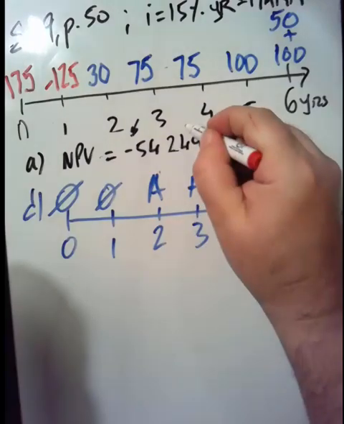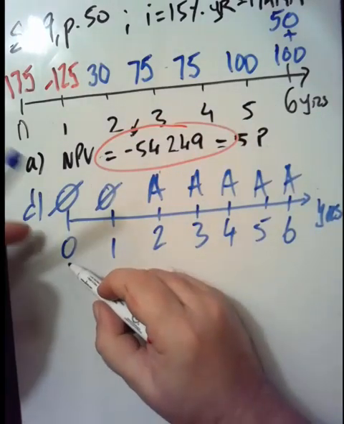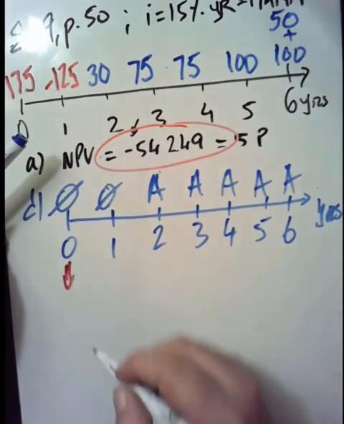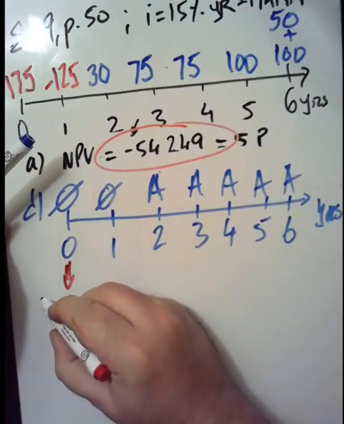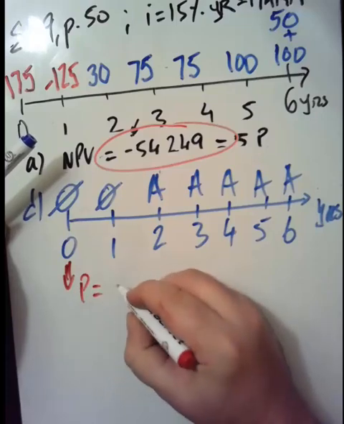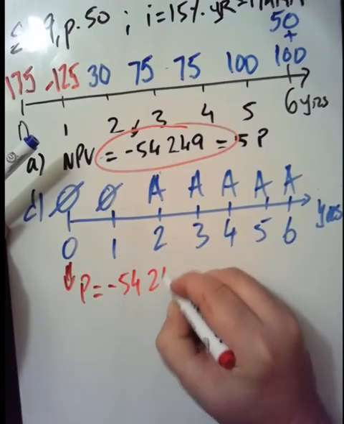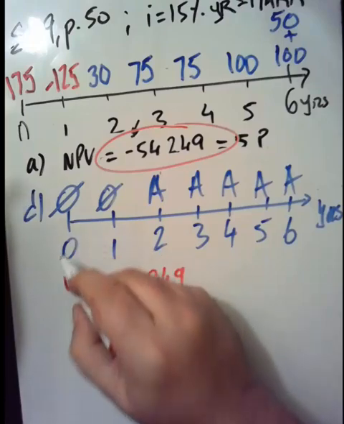So again, from A, we know this. Right? We know that at time 0, whatever these annuities are, they will have to have the present value of the negative 54 to 49 at time 0.